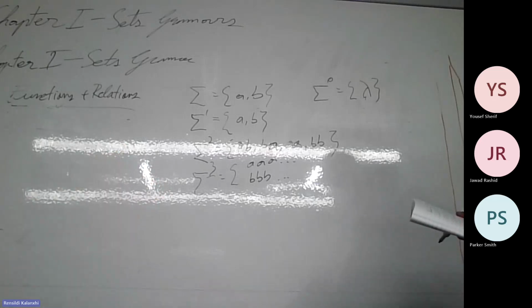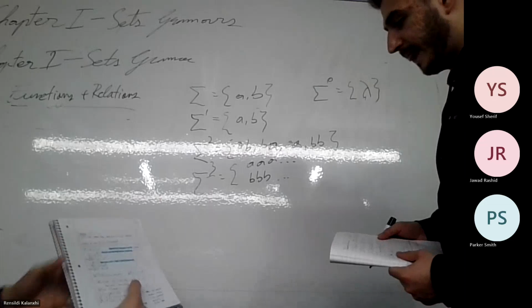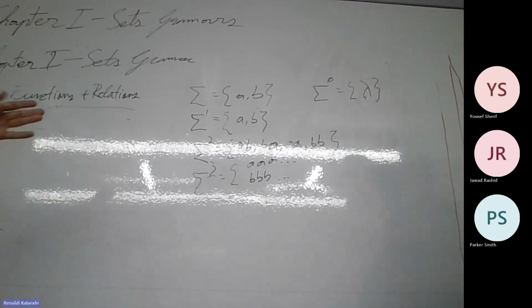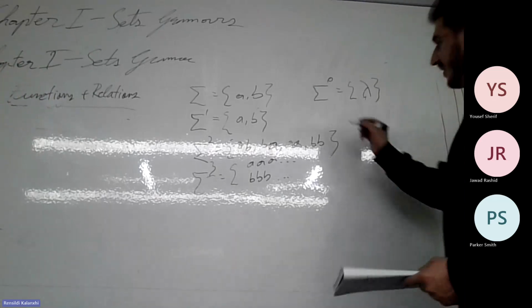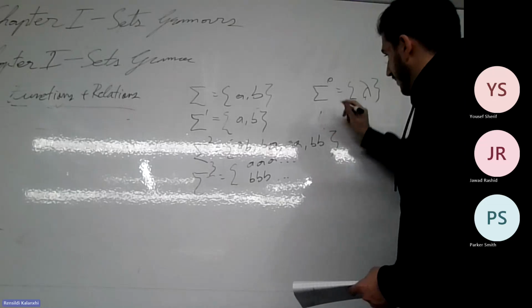Can you repeat it again? Like this part. This is sigma, by the way. If it was an empty set, so similar to 0, how would you put it? You'd just put equals lambda.